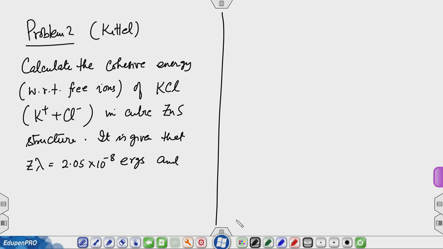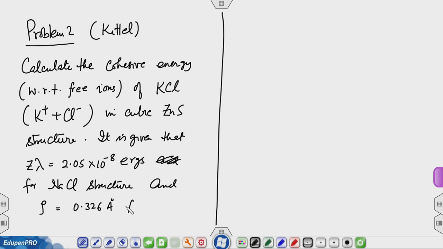So, this is for NaCl structure, and again rho is determined from KCl ion. So, rho is equal to 0.326 angstrom for KCl.